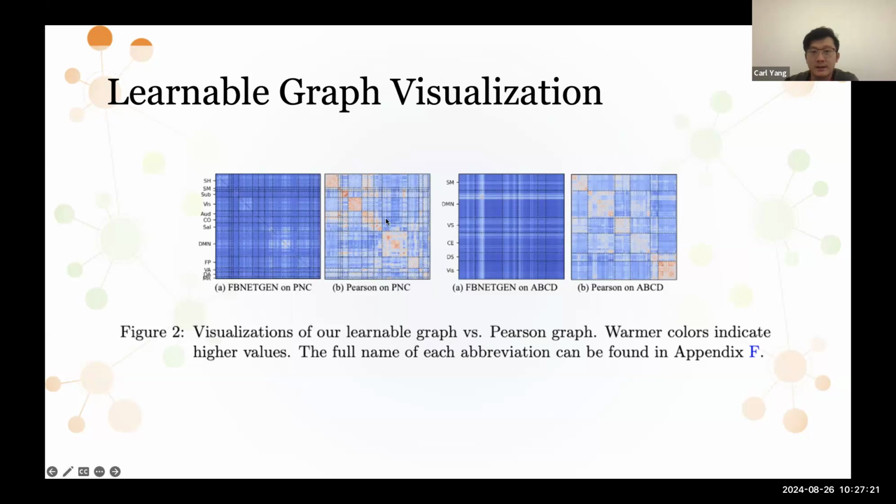We ordered these ROIs based on the functional module, and we can see there are more connections within certain modules, which is commonly known for the functional brain connectome. And these are the graphs we learned. One thing is we learned much sparser graphs. Many of the connections were not important, at least not important for making predictions on gender. We were able to remove them.